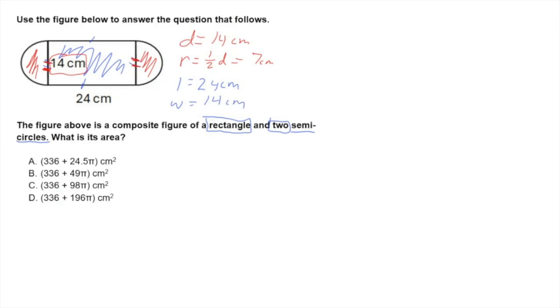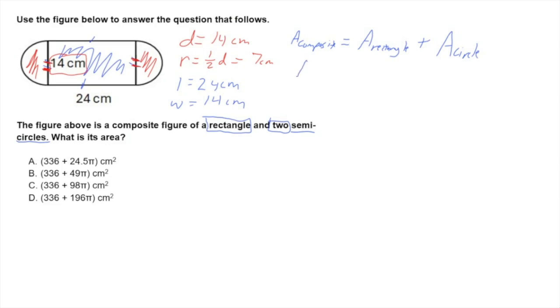So let's try and put together a formula that can give us the area of the entire composite. So the area of our composite shape is equal to the area of our rectangle plus the area of our circle. All right, well, let's refresh on what these each mean.